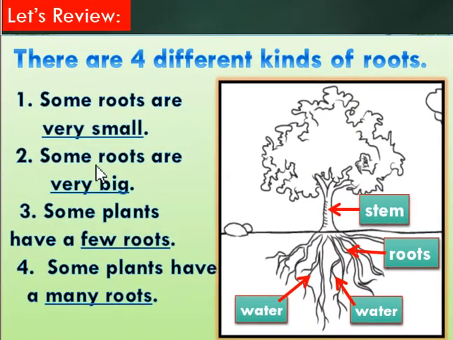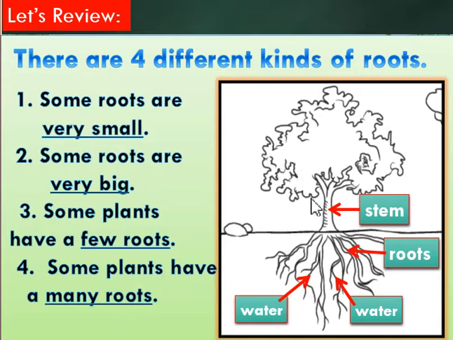Okay, let's review. There are four different kinds of roots, right? Number one, some roots are very small. Number two, some roots are very big. Number three, some plants have a few roots. And lastly, number four, some plants have many roots.